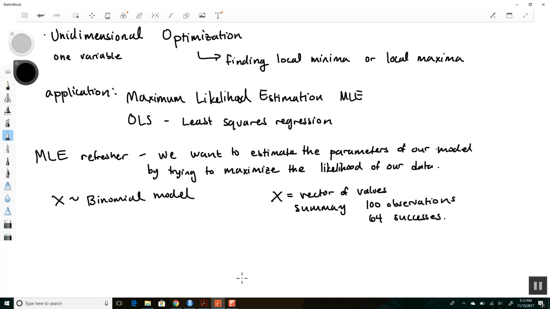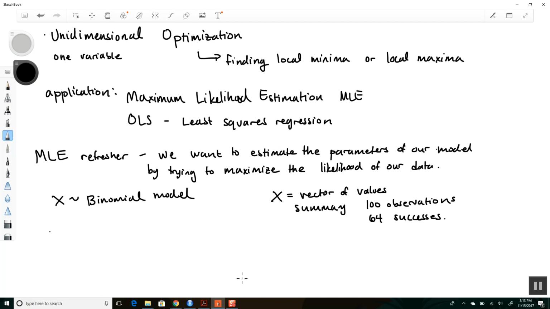And so in our case, we want to know what is the value of P that will maximize the probability of seeing this data, right?